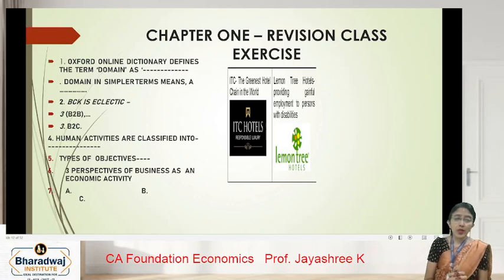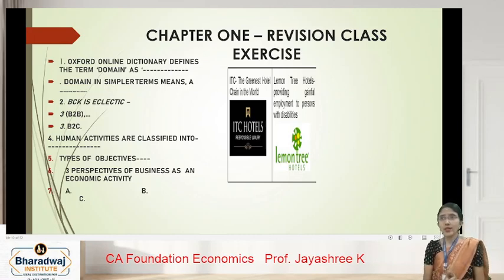BCK is eclectic. What is the meaning of the term eclectic? A definite question, a repeated question also. Then expand B2B, expand B2C. Then human activities are classified into, fill that up.